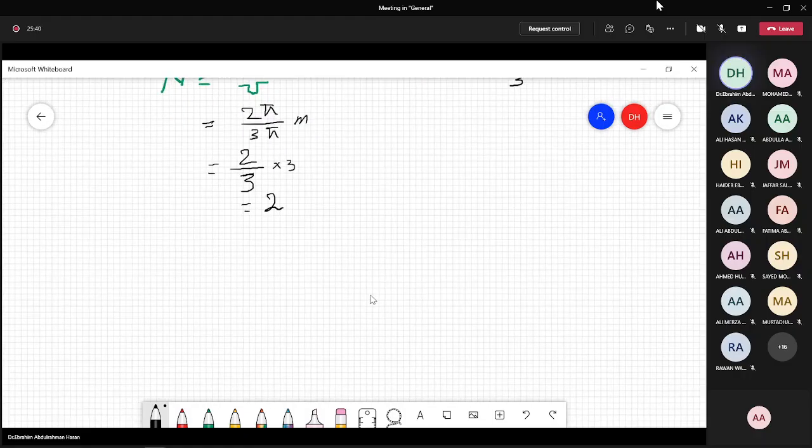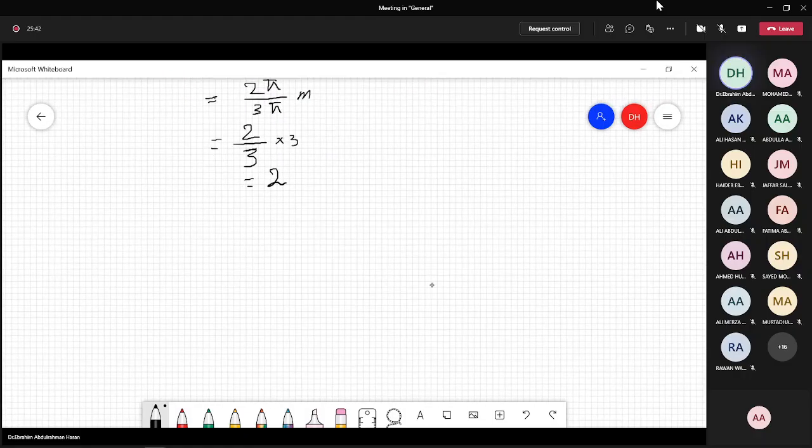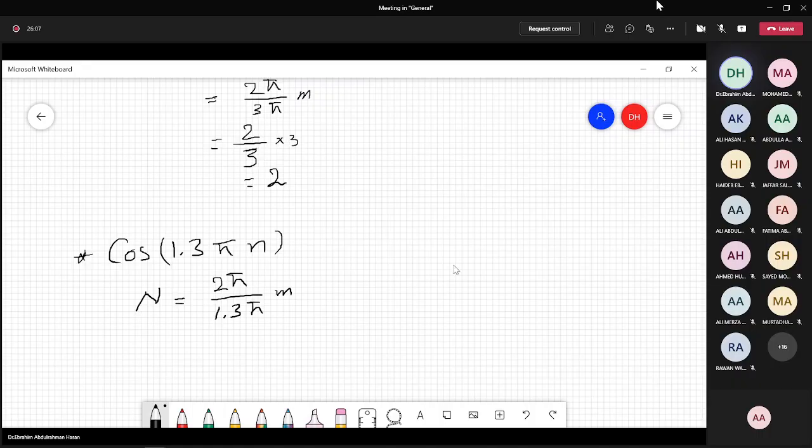Okay. So let me take one example here. Cosine (1.3 pi n) is a periodic signal. Let me apply the formula. It is equal to 2 pi divided by 1.3 pi multiplied by m.